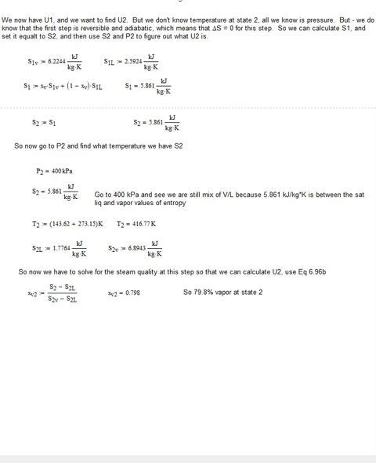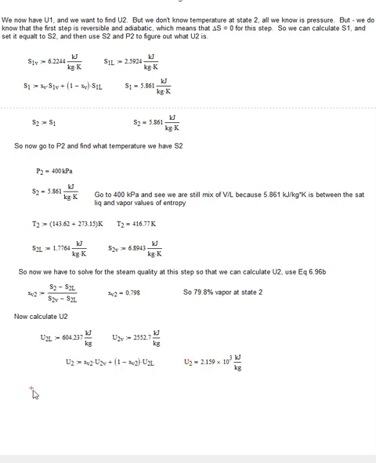Now we have enough information to calculate the internal energy at state 2. Because now we know the pressure, we know the temperature, of course, and we know how much of our material is going to be liquid and vapor.